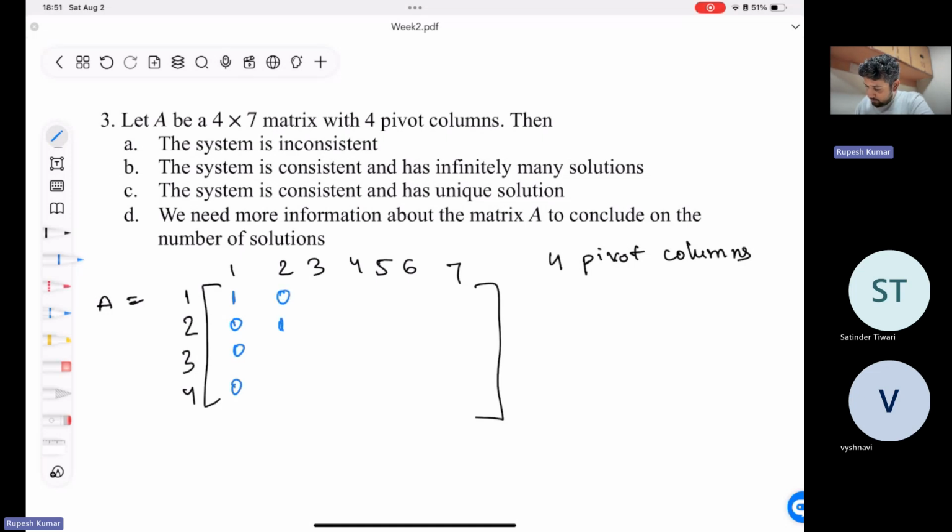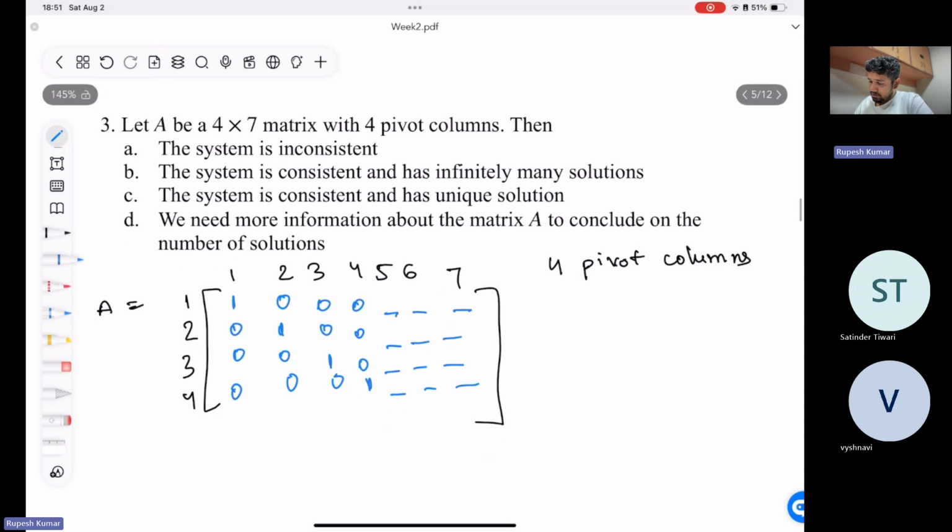In the second column, we can say 0, 1, 0, 0. The matrix looks something like this: 0, 1, 0, 0, 0, 0, 1, and some entries here. Let's say we are choosing these four as the pivot columns. This can be any other arrangement also. Column 2 can be swapped with column 6, 7, or any other arrangement. This is one possible case having four pivot columns.